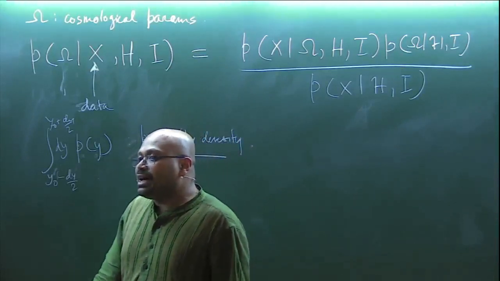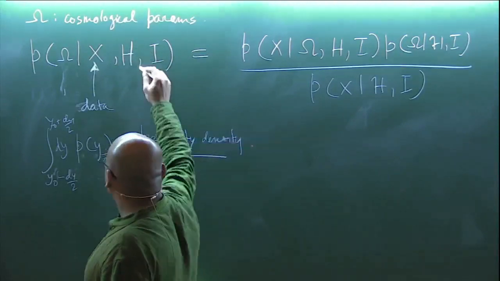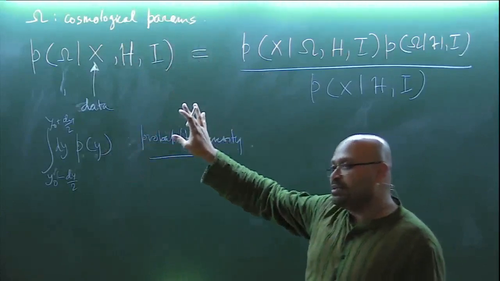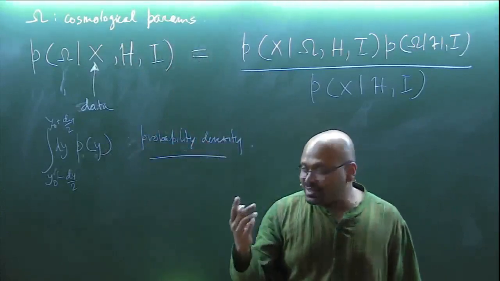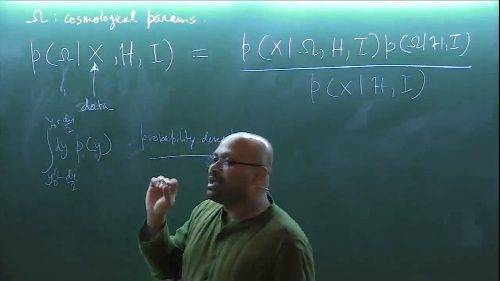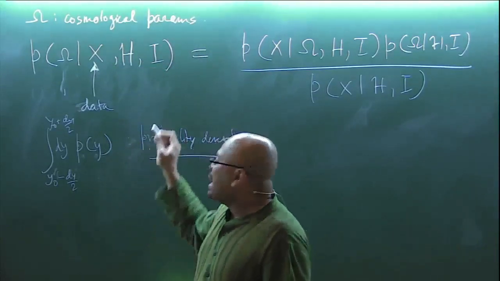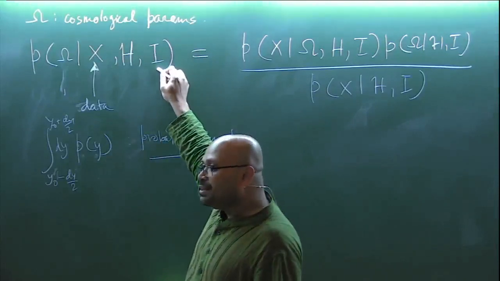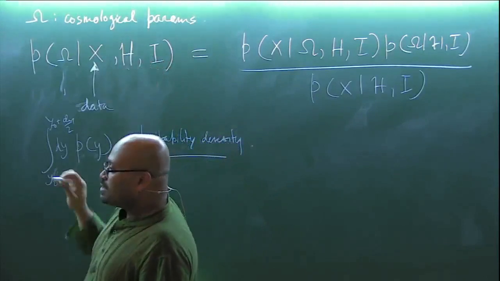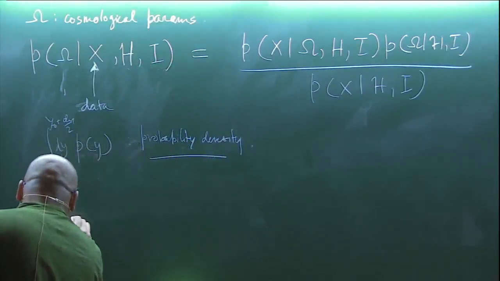I could just have put them into one single symbol, but it's always important to be aware of the fact that there are certain assumptions that have gone in, and that's why we write this I. And this H here is the cosmological model. I haven't mentioned it. H is the cosmological model.